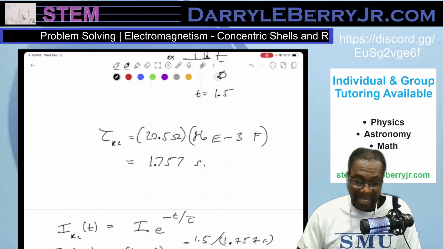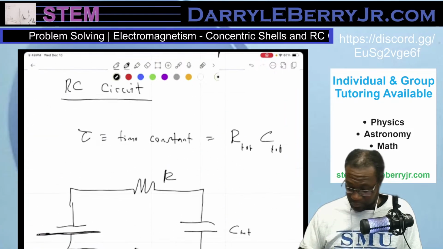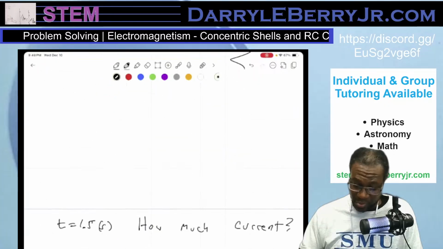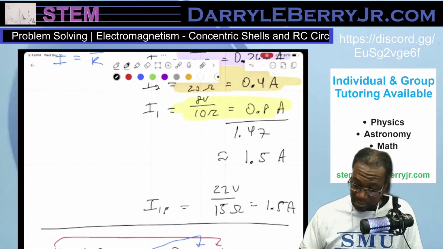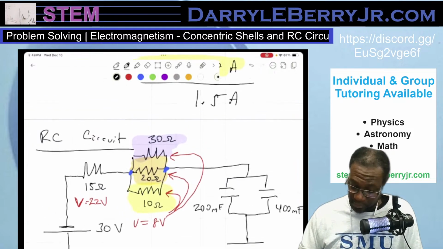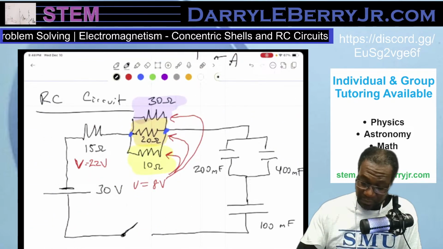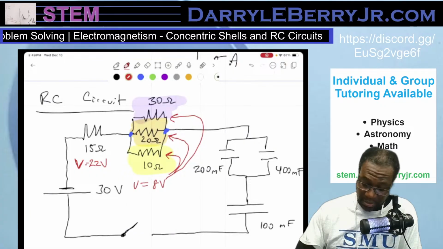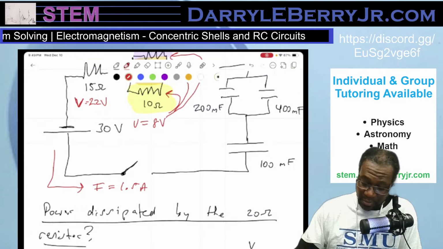So we started at 1.5, right? Was it 0.64? We started at 1.5. Original one here. So we started at 1.5 amps going through the circuit as a whole. I equals 1.5 amps.